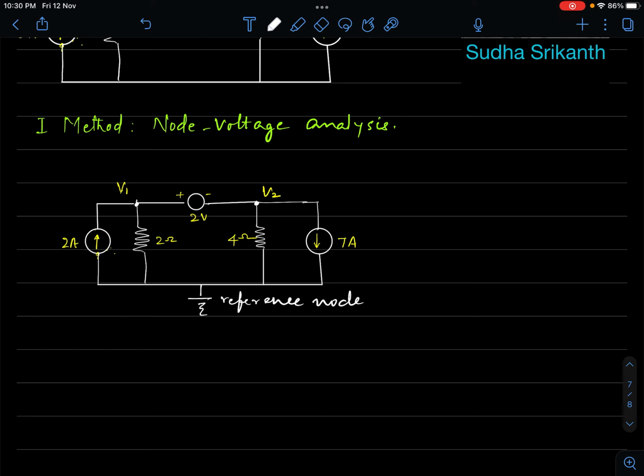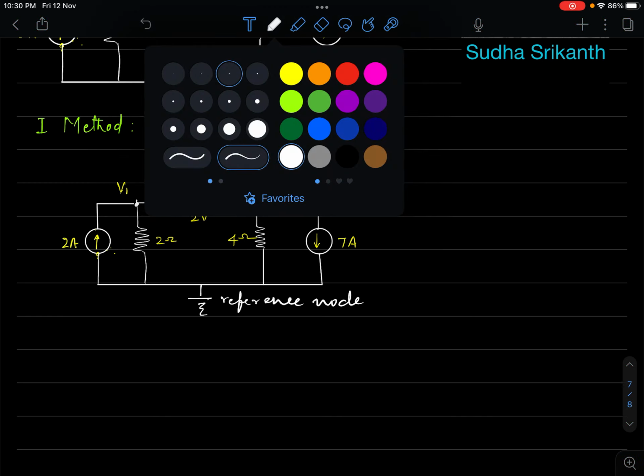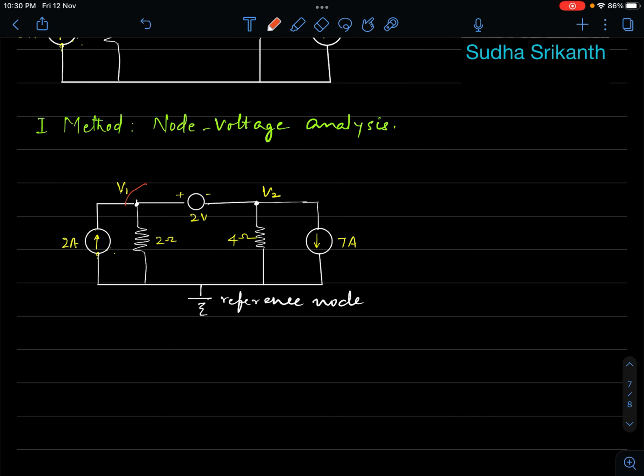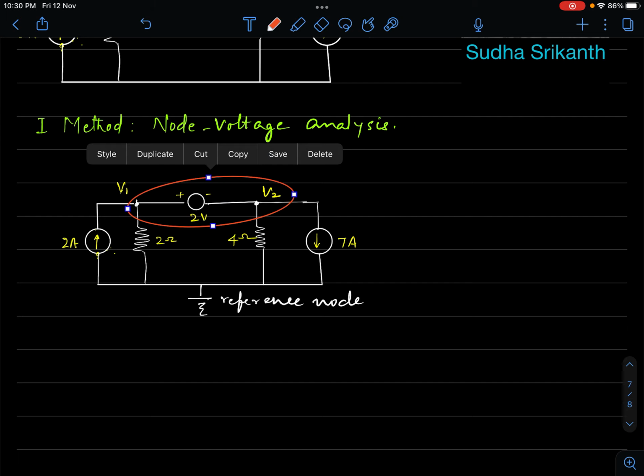I will mark it in a different color. Okay, this is my supernode.